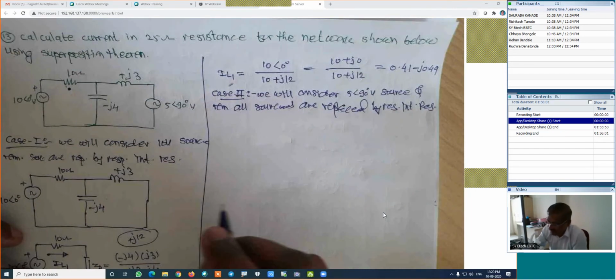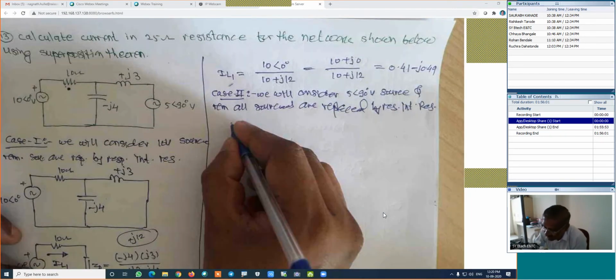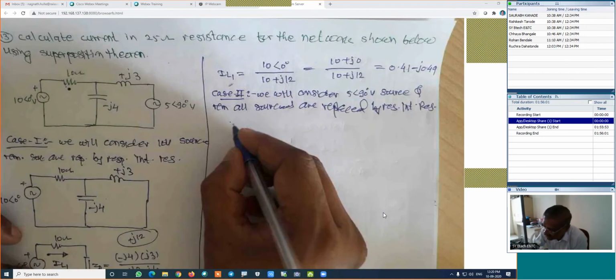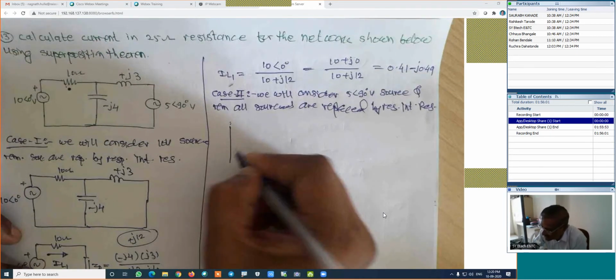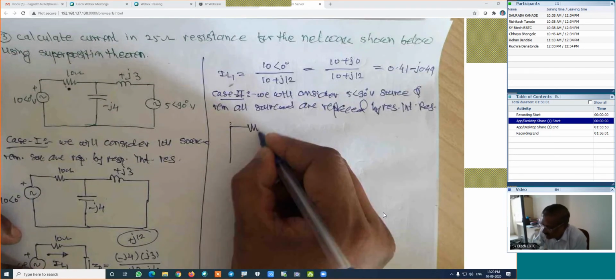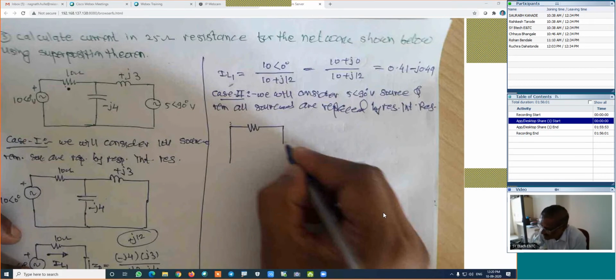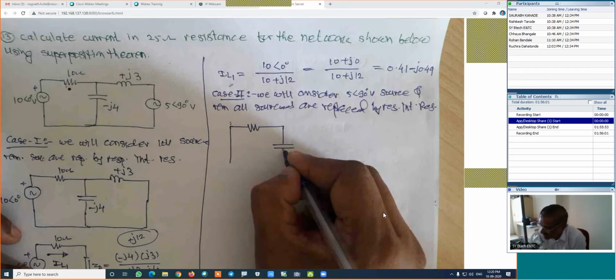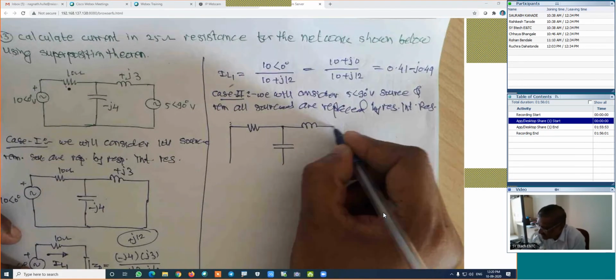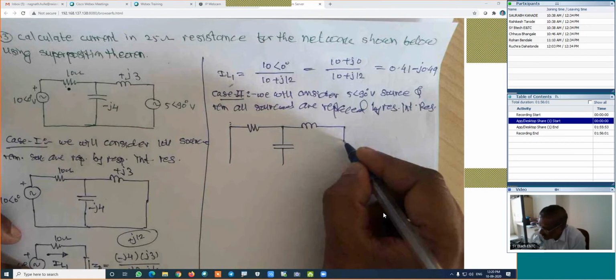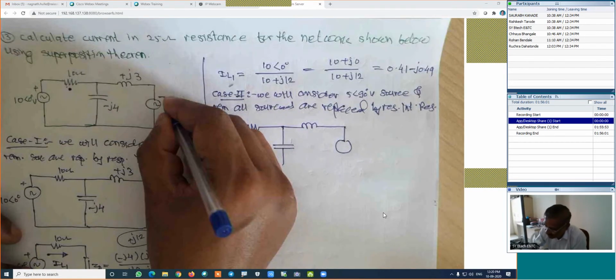In that case, its figure will be something like this. This will be replaced by its internal resistance. It is a voltage source, so it will be replaced by 0. Here is one source. This is the capacitor. This is the inductor. And here will be the source with this polarity.